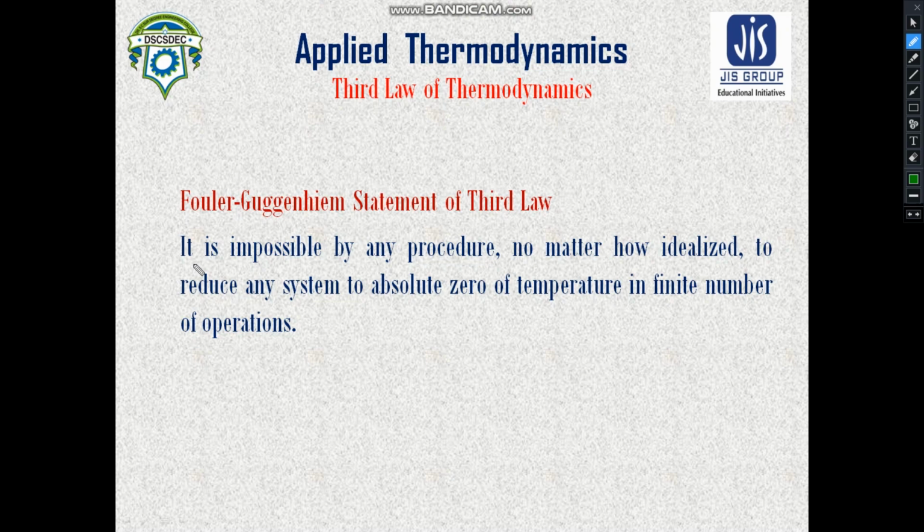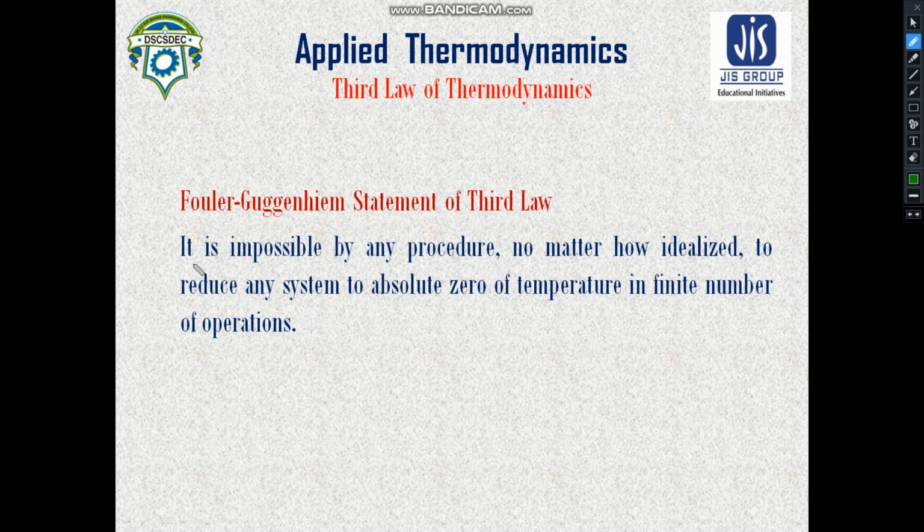That means however you try, whatever processes you apply, you cannot make the heat rejection 0, and you cannot convert this temperature of heat rejection into 0. So this absolute temperature of heat rejection can never be 0. Mind it, we are talking about the absolute temperature, which is in Kelvin.